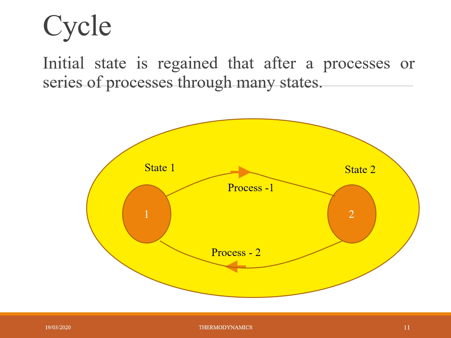Okay? Then a cycle consists of a number of processes, at least 2. So you can understand our nature. In our habitat, in our ecosystem, we have many cycles.